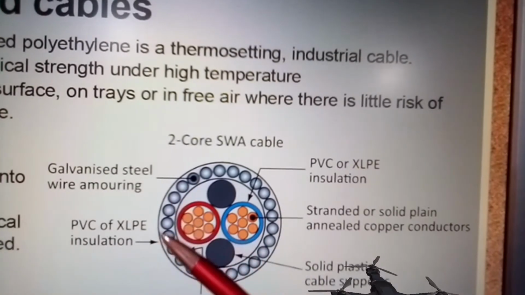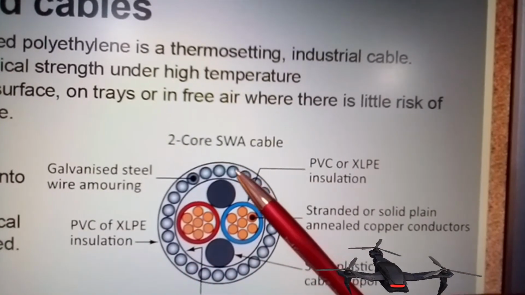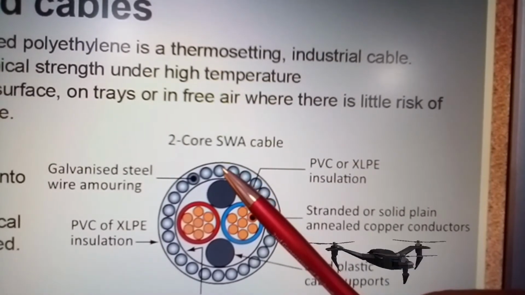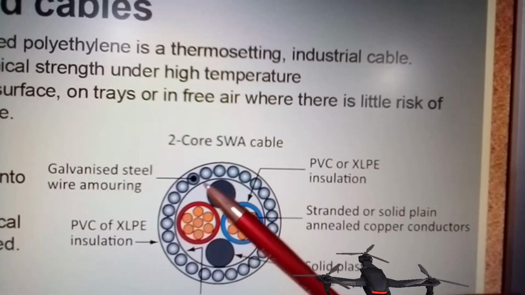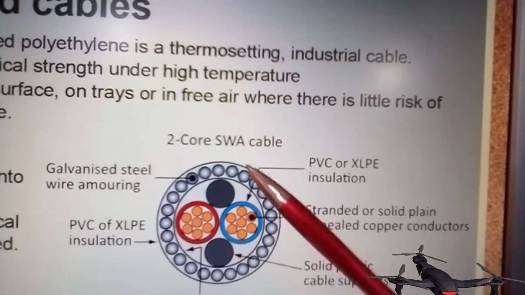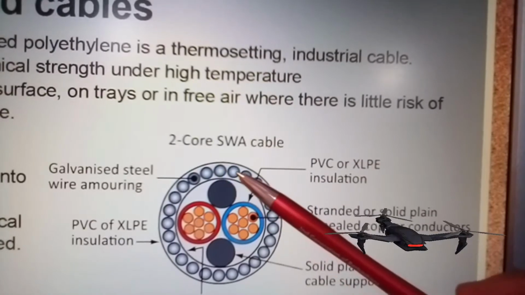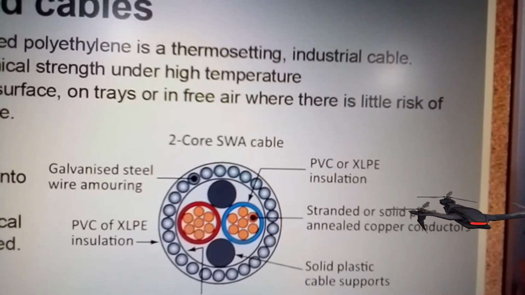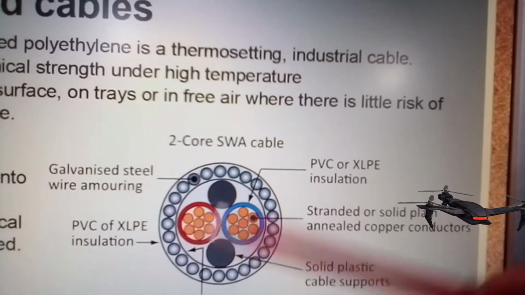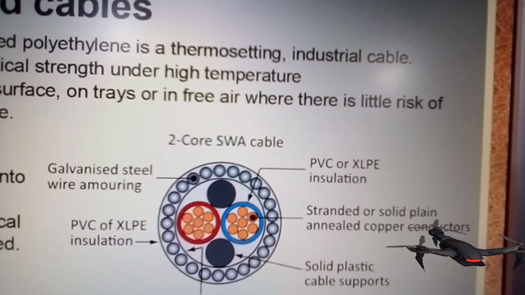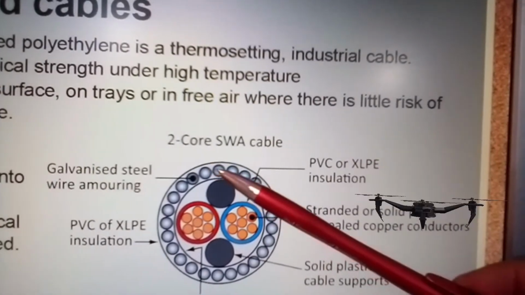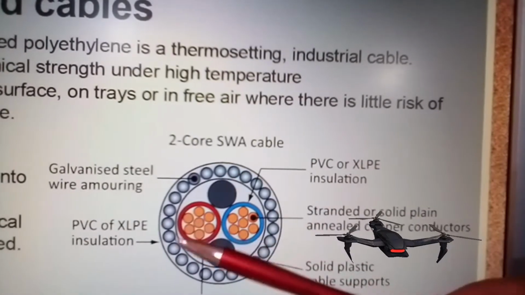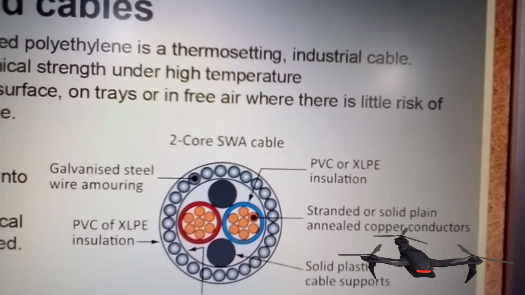Now remember, the steel wired armoring can be used as an earth bonding, but always have an additional earth bonding within your system if need be, because what sometimes happens is that where this has been clamped, where you've made it off into a box, somebody comes along and tries to undo the clamp for whatever reason, and then you're left with no earthing. So you need to make sure that when you're using steel wired armored cable, that the earthing is consistent. Okay.